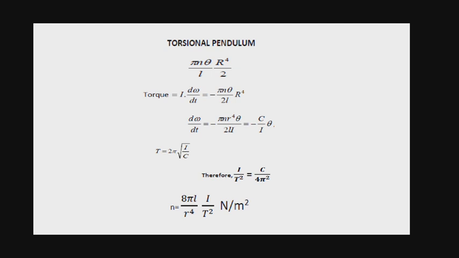This principle is used to determine the moment of inertia of an irregular body and the rigidity modulus of the wire, using eta equal to 8 pi L divided by r to the power 4 into I by T square, and the unit is Newton per meter square.